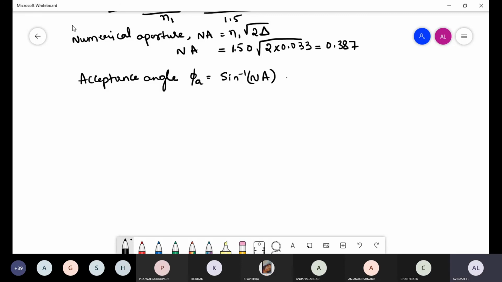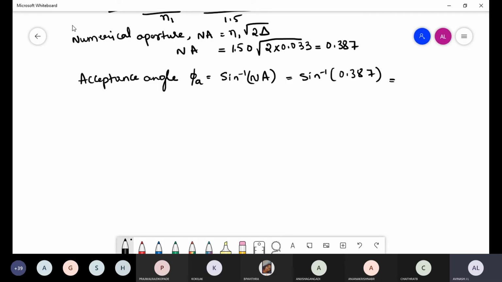So here sine inverse of 0.387 value you are going to get. How much you will get, you can please calculate.